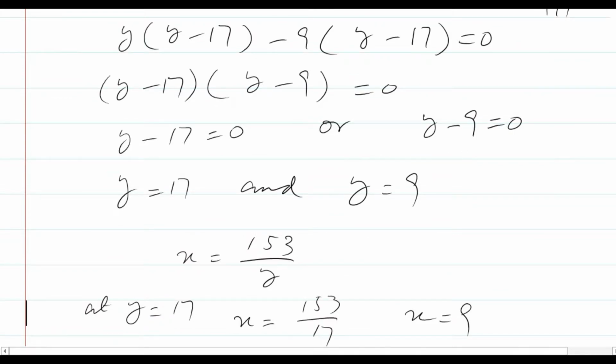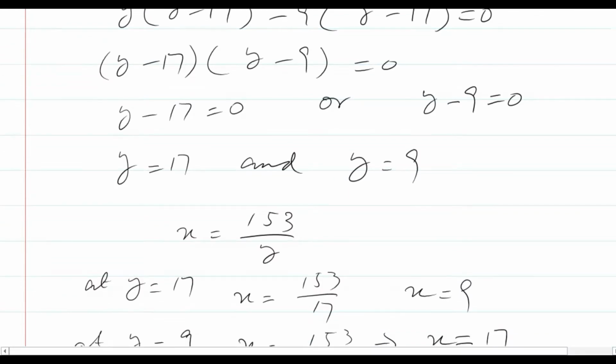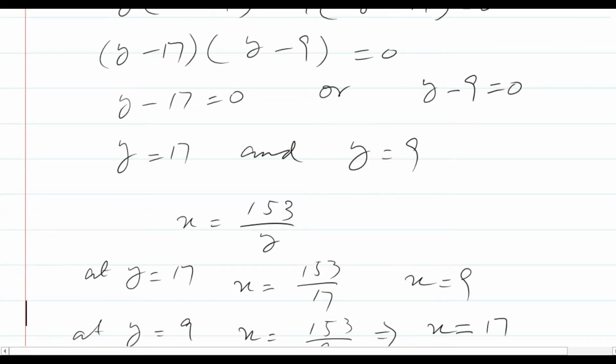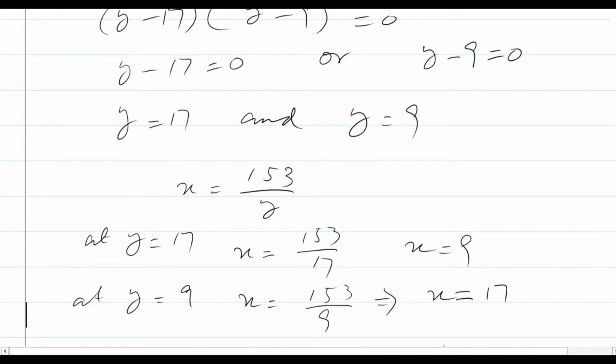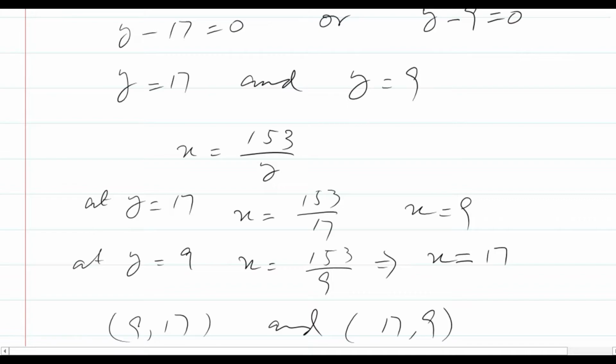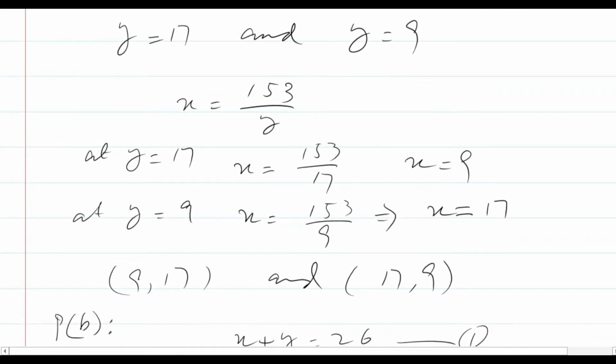Now you have the second equation, equation number 2, and put the values in that equation to get the values of x. At y equal to 17, x will be 9, and at y equal to 9, x will be 17. So you have two values, 9 and 17, or 17 and 9.